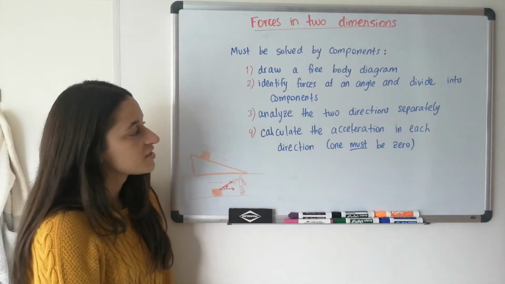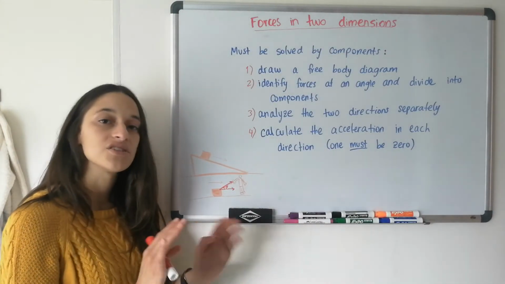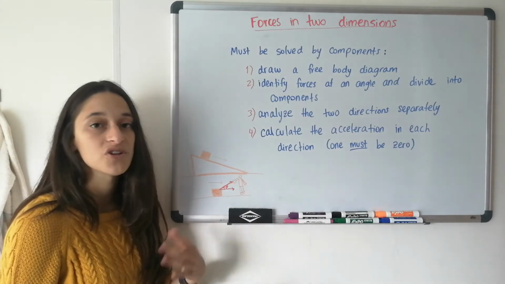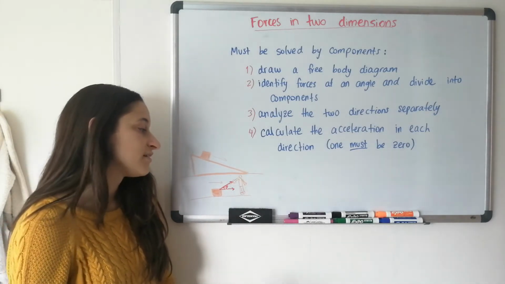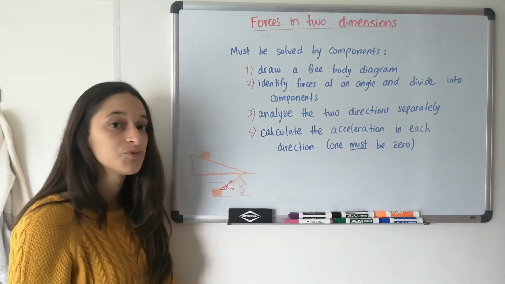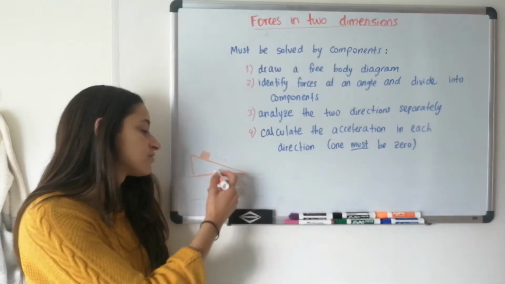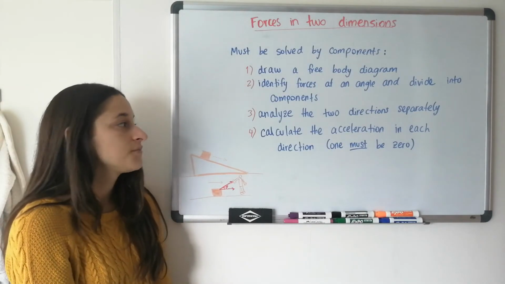So the third rule is to analyze the two directions separately. So by two directions we mean, in this example, horizontal and vertical. So we're going to have to analyze all of the horizontal forces and movement and all that apart, completely separate from our analysis of the vertical forces and vertical motion.